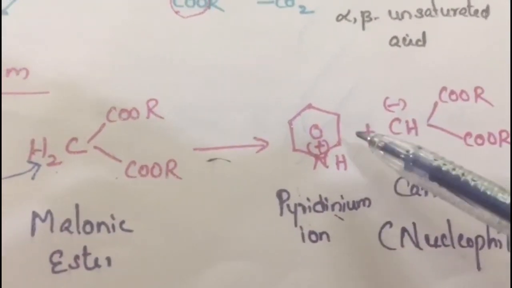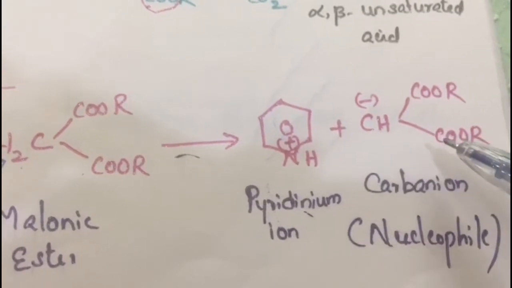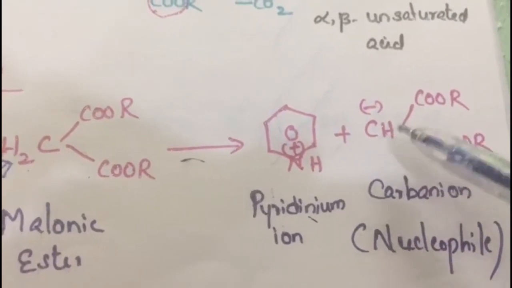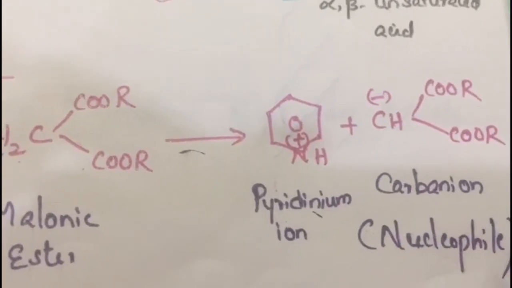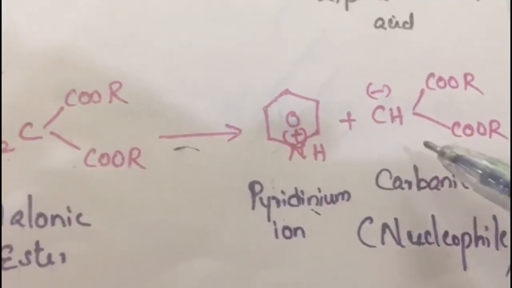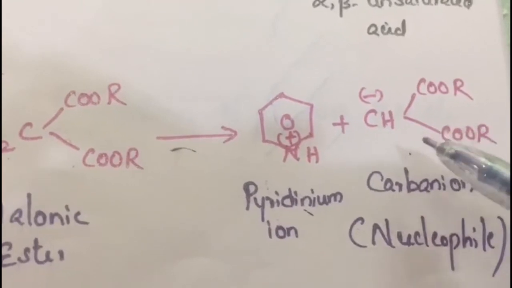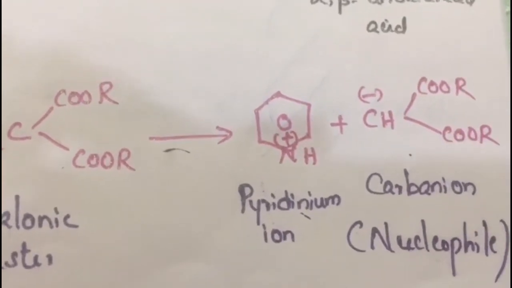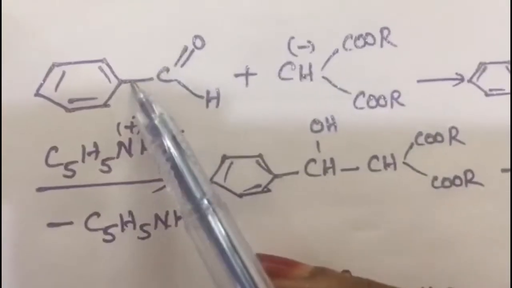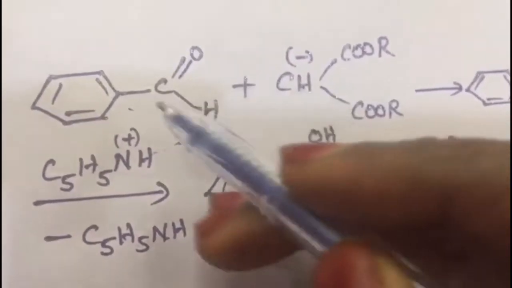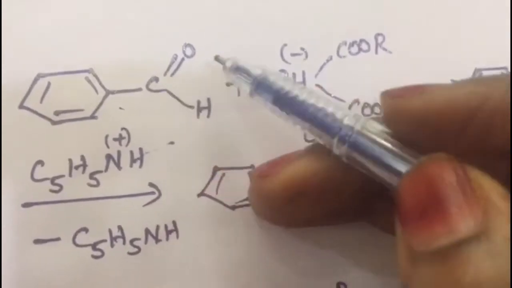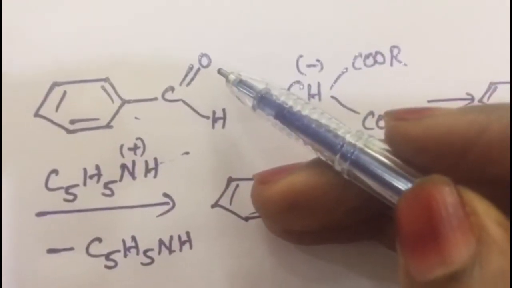See here, one compound is the pyridinium ion and the other one is a carbanion, CH(-)(COOR)2. This compound will act as a nucleophile and this carbanion will react with our aldehyde or ketone. Now benzaldehyde will be treated with this carbanion. Here in this carbon oxygen bond, oxygen is more electronegative.